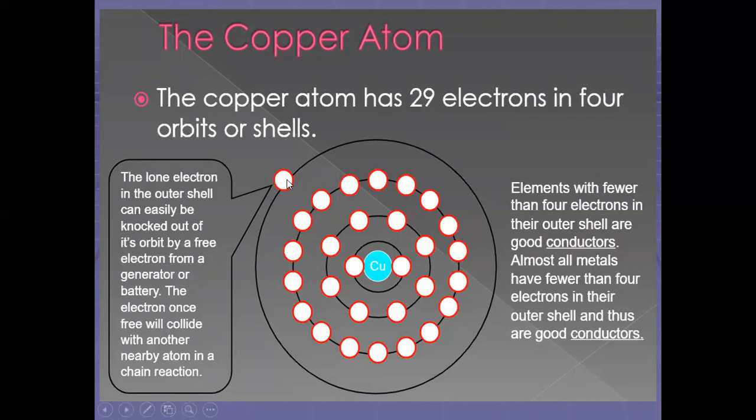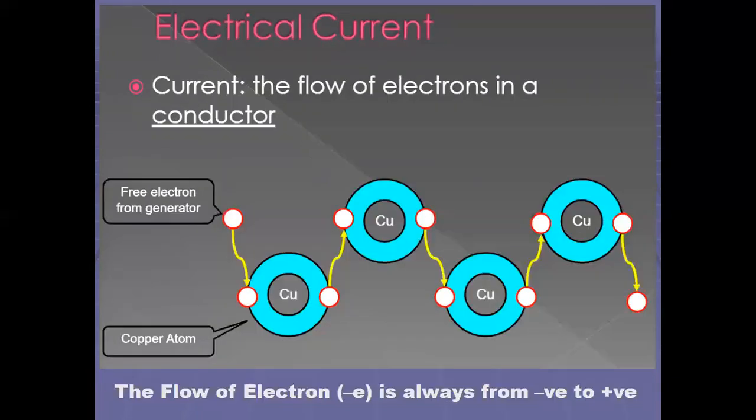But if the outer shell, which is very far from the nucleus, so the attraction is less, has fewer than 4 electrons, they tend to move out. In the case of copper, there is only 1, so there is a very high possibility to move out and conduct a flow of electrons, or current.